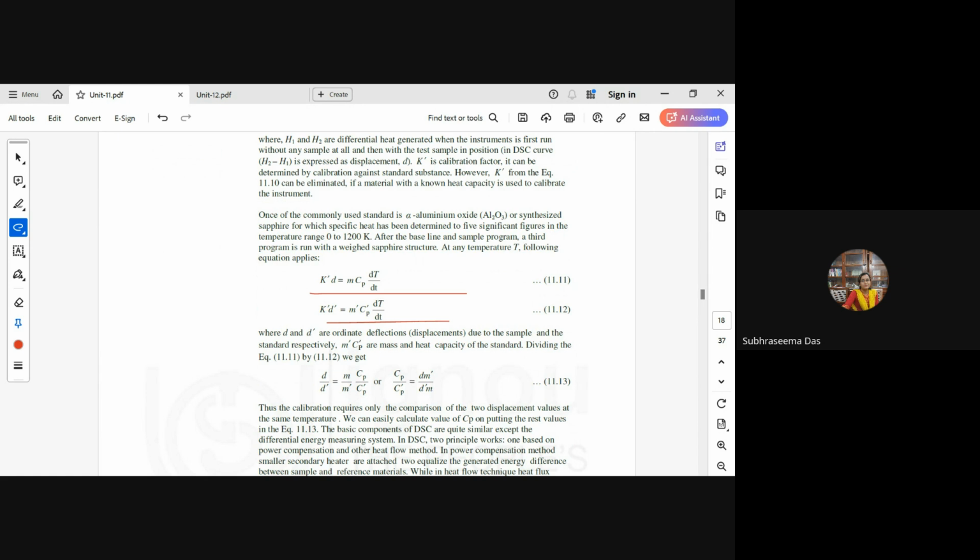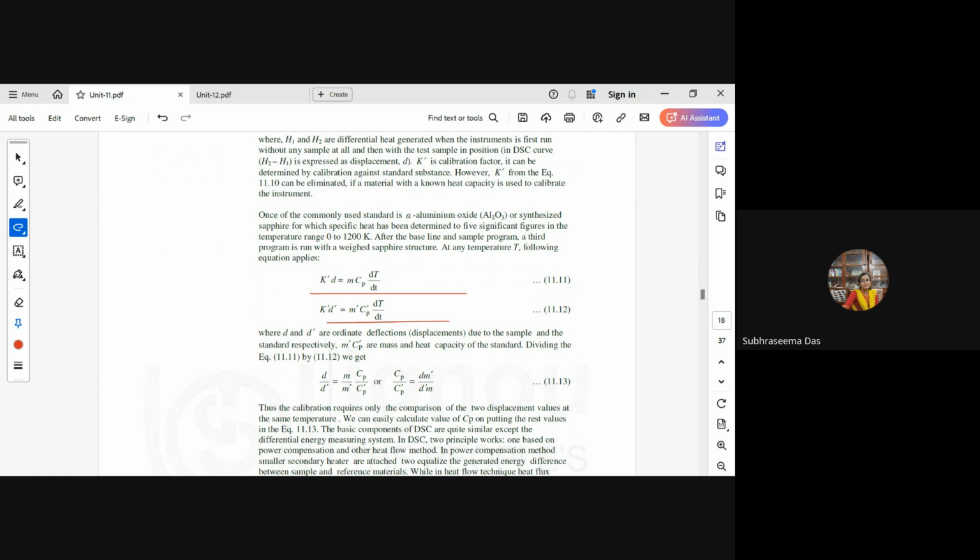From this equation, in equation 11.12, the d and d' represent the displacement, or what we call the ordinate deflections, that occur due to the sample and our standard respectively. The m' and Cp' are the mass and heat capacity of the standard.